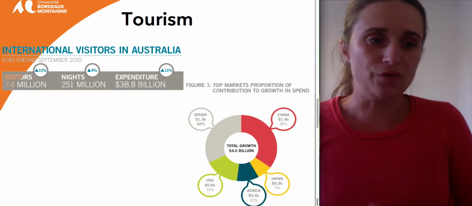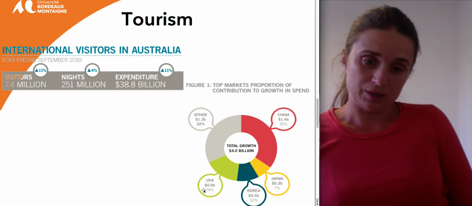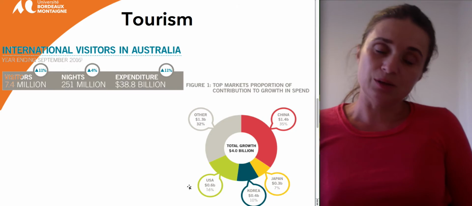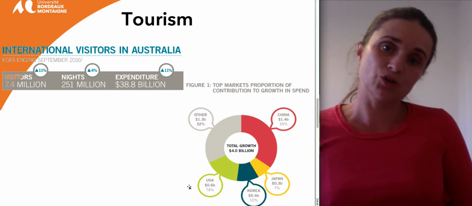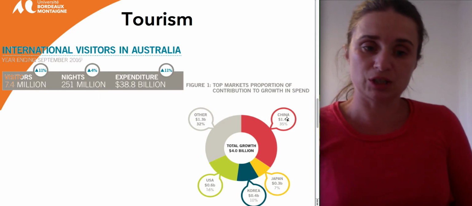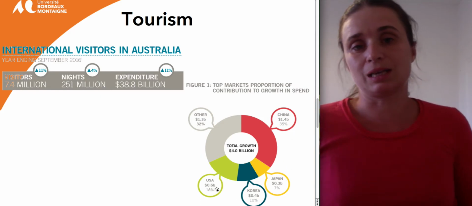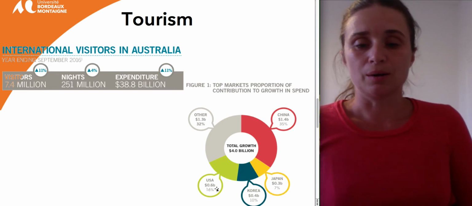Just wanted to show you this though. If you have a look at the pie chart here, you see that the people who are spending the most money in Australia are its neighbours. China, Japan, Korea, and to a lesser extent the United States.